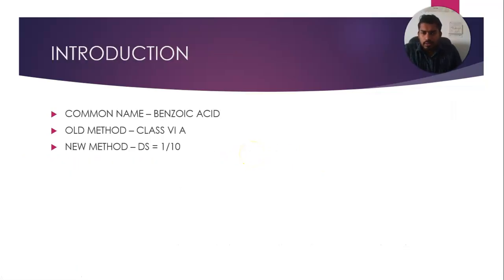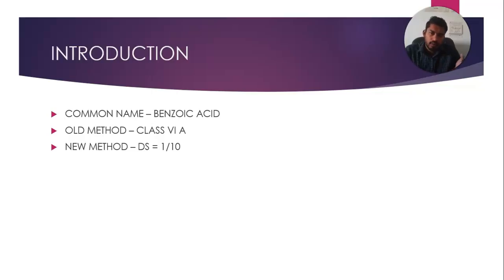The common name is the same, benzoic acid. The new method is 6A, so you need to remember two exceptions among the acids. We already know the thermal exception: generally, acids are thermally chilly, whereas picric and fluoric acid are hot.